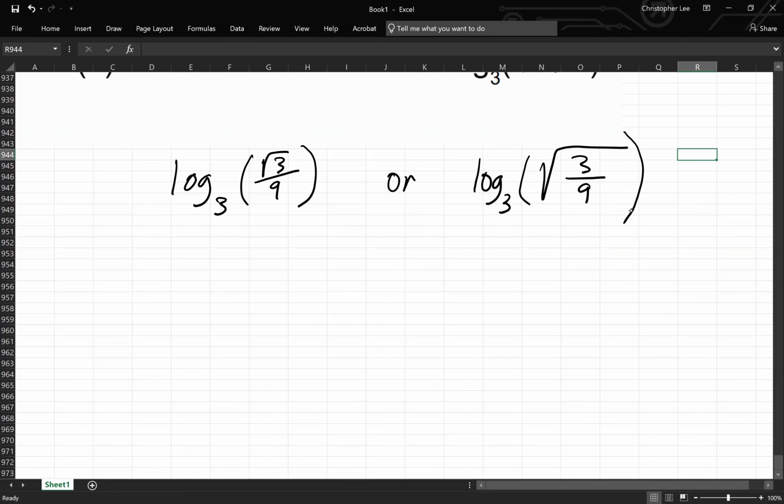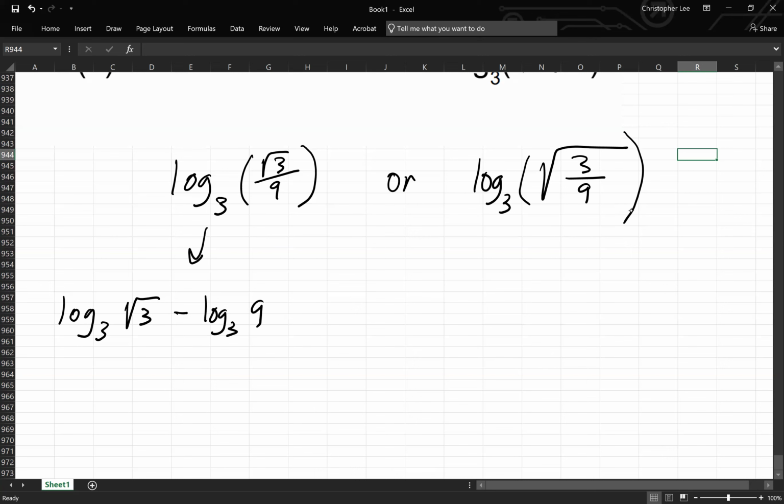So we can expand this one, right? Because we know that this would become log base 3 square root 3 minus log base 3 of 9.